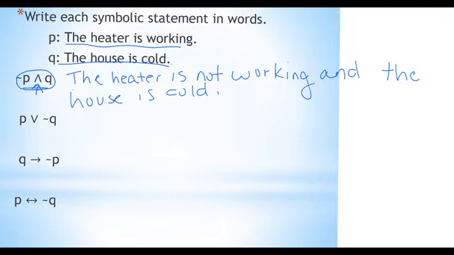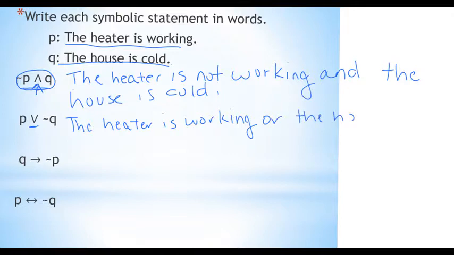Now we have P. So it's going to be the heater is working. Or is our symbol for or. And then the negation of Q, the house is not cold.